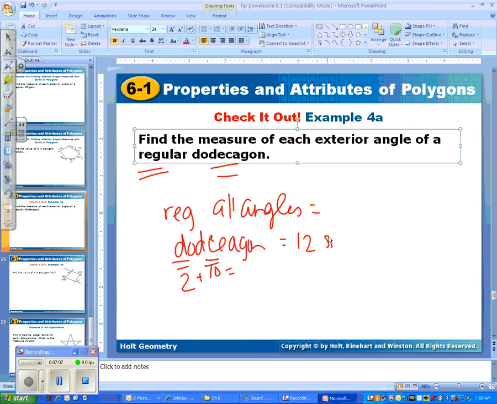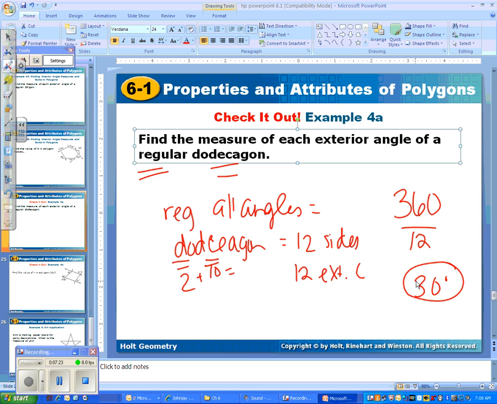So if it has 12 sides, that means it has 12 exterior angles, and they're all the same. And we know for exterior angles, they add up to be 360. So just divide it by 12, and you'll get each angle is, what, 30 degrees? Yeah? Cool.